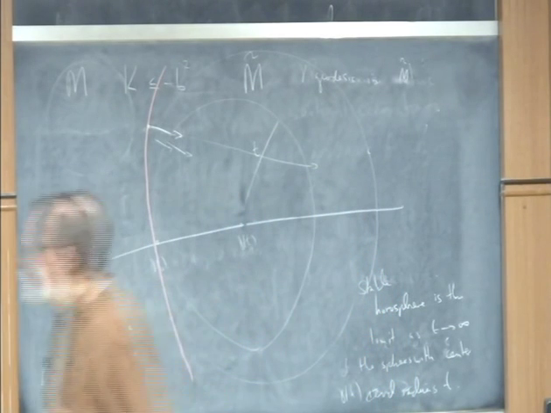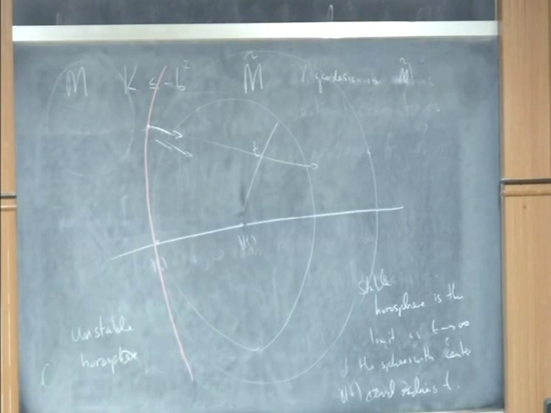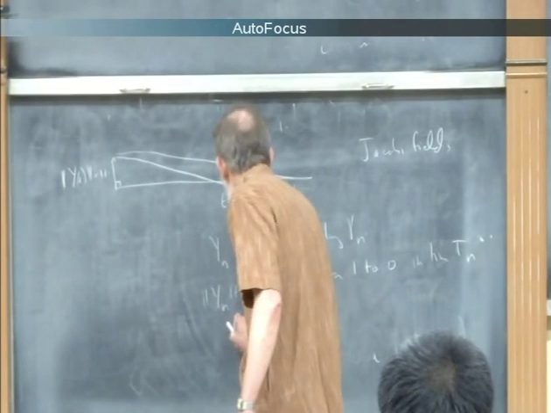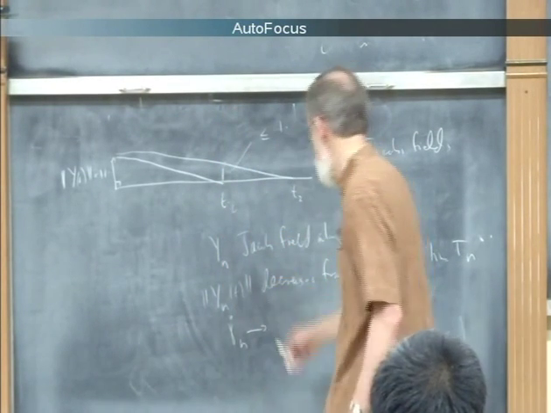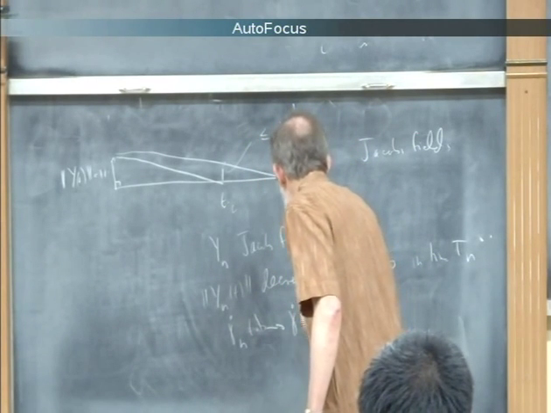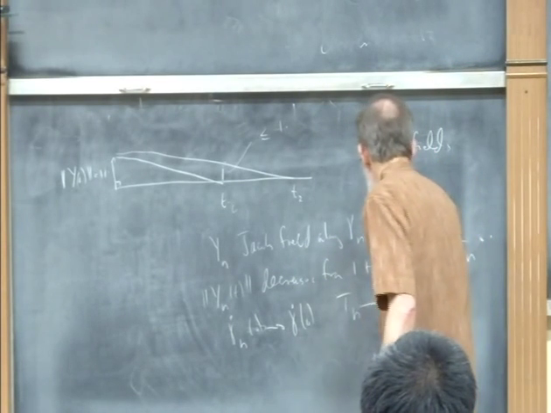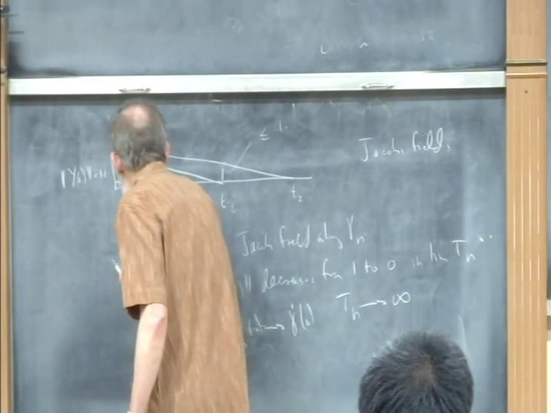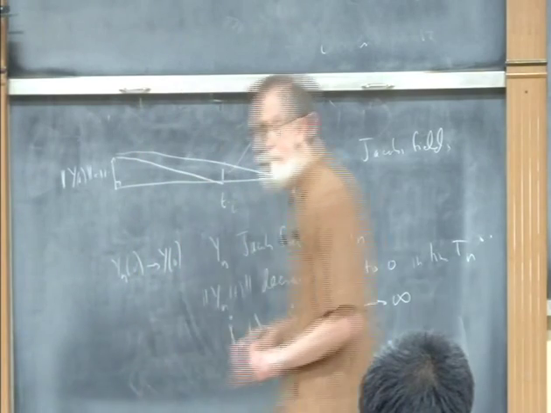And if I look at a sequence of Jacobi fields, if I have Y(n) a Jacobi field along gamma(n), and I know that Y(n)(t) decreases from 1 to 0 in time t(n), and I know that the initial tangent vector of gamma(n) converges to the initial tangent vector of gamma, and I know that t(n) converges to infinity, and we might as well assume that Y(n)(0) converges to some initial vector.